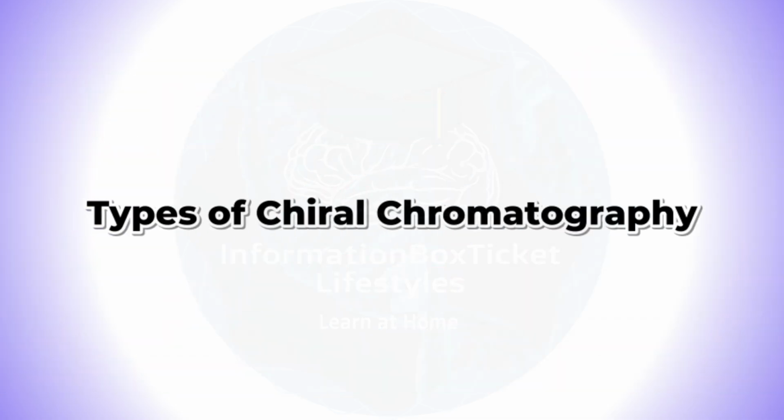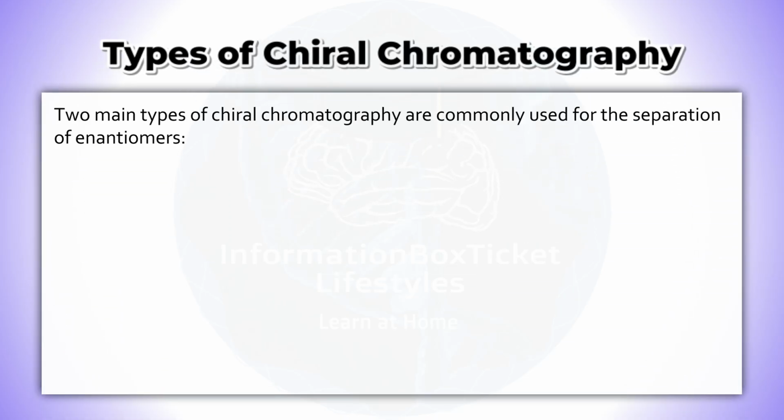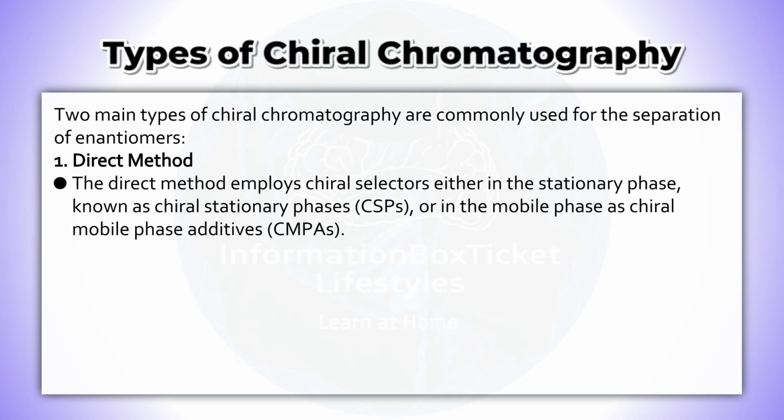Types of chiral chromatography. Two main types of chiral chromatography are commonly used for the separation of enantiomers. 1. Direct method. The direct method employs chiral selectors either in the stationary phase, known as chiral stationary phases, CSPs, or in the mobile phase as chiral mobile phase additives, CMPAs.